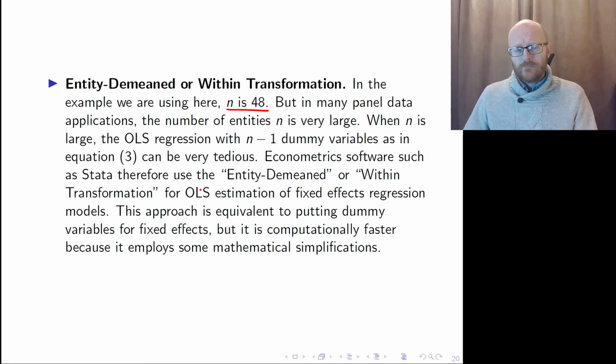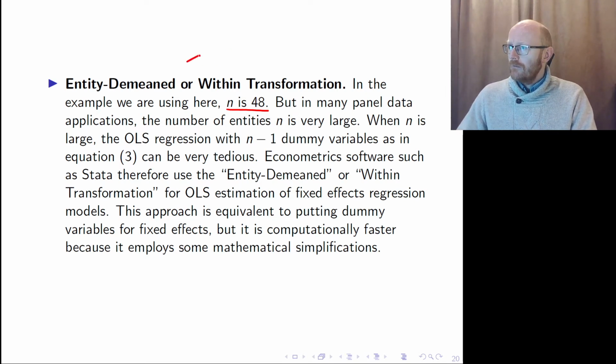So when n is very large, then we have a lot of dummy variables, and it takes time to calculate these variables. And if we do not need the information on these intercepts, then we can use this method, because this entity demeaned or within transformation will only give you the correct beta.